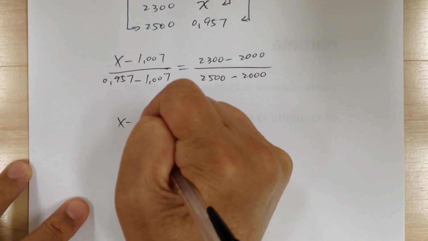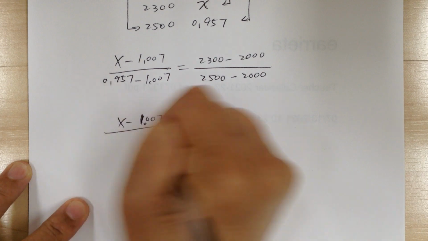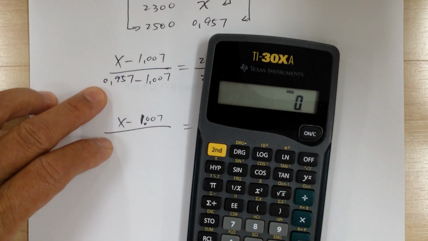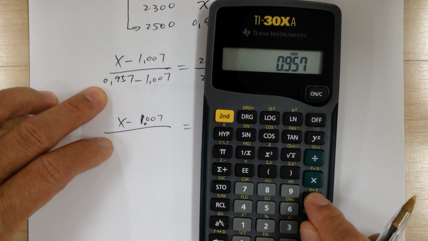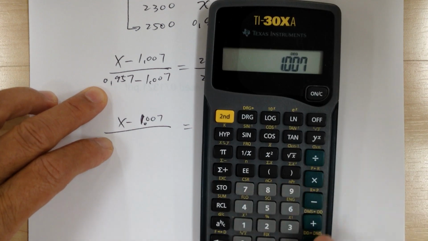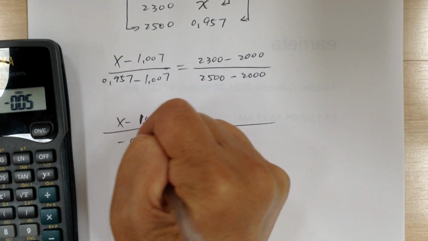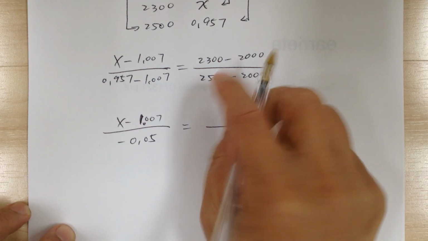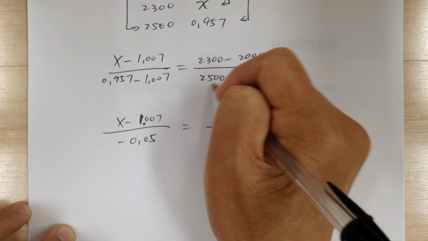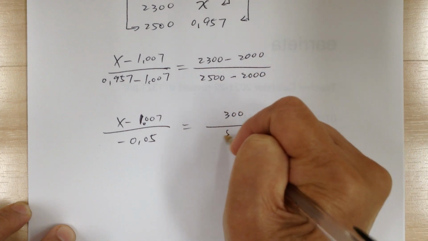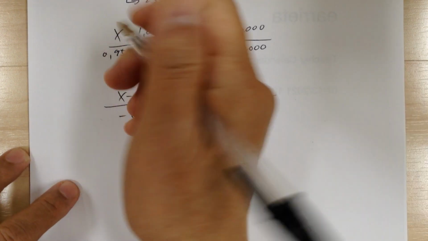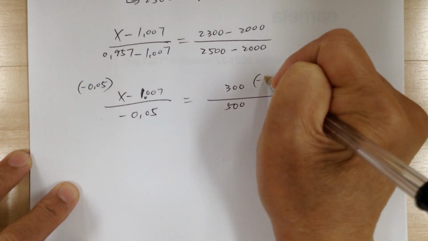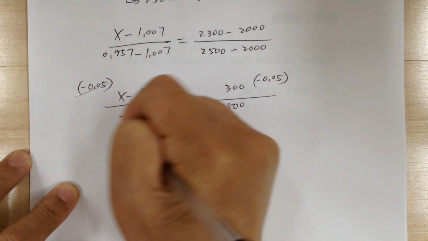So x minus 1.007 over, now this one you have to use a calculator to work out, 0.957 minus 1.007 equals negative 0.05. It's okay, don't freak out when you see negative. You just work it through. So this minus that will give you 300, and this minus that will give you 500. So go ahead and multiply by negative 0.05, so that this will cancel out.